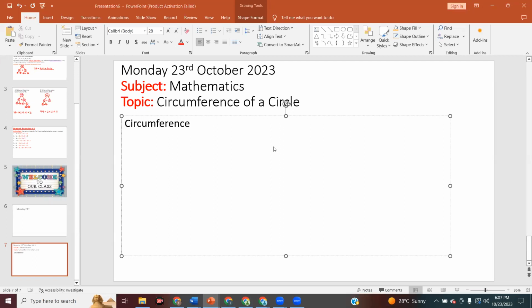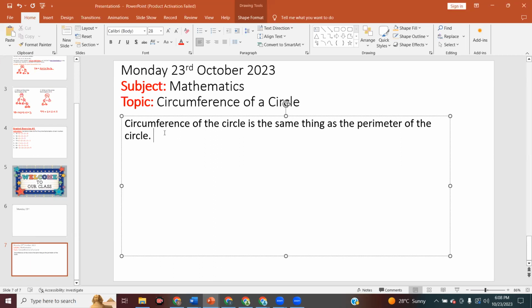All right, the circumference of the circle is the same thing as the perimeter of the circle. So perimeter and circumference are the same thing.